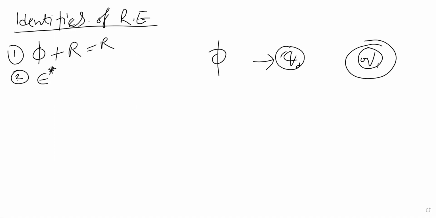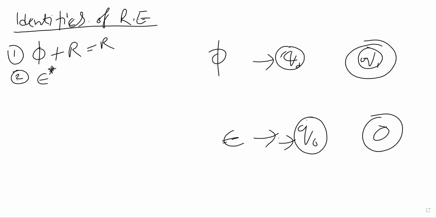This is for phi. Phi means no transition. But epsilon means an empty transition. Let's say this is the initial state, and this is my final state, then there is a transition on epsilon, meaning without even getting any input you can go to the final state. That is the meaning of epsilon.